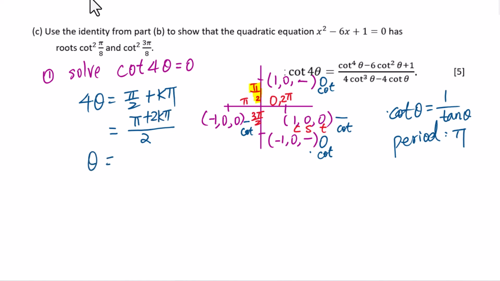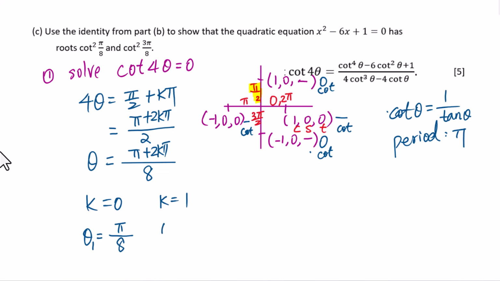Then theta equals pi plus 2k pi over 8. Then k equals 0: theta 1 equals pi over 8. k equals 1: theta 2 equals 3 pi over 8.